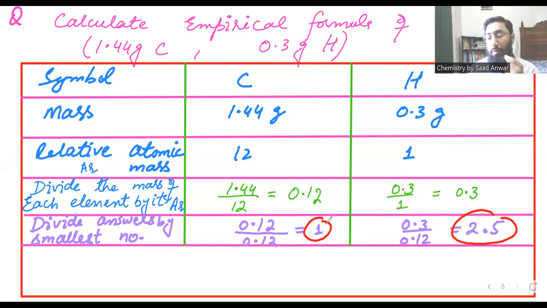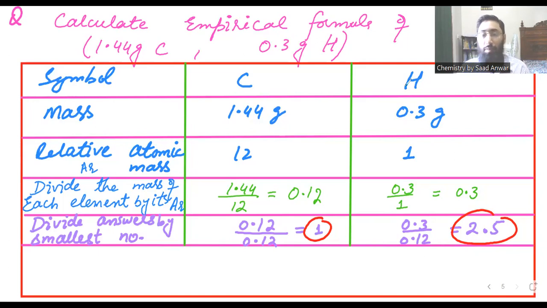Whole number means the number which should not be in points, not in decimals, not in fraction. Like 2.5 is a value in points. This 2.5 is creating a problem for us here. So we have to remove this point. How can we remove it? Multiply it with a suitable number.